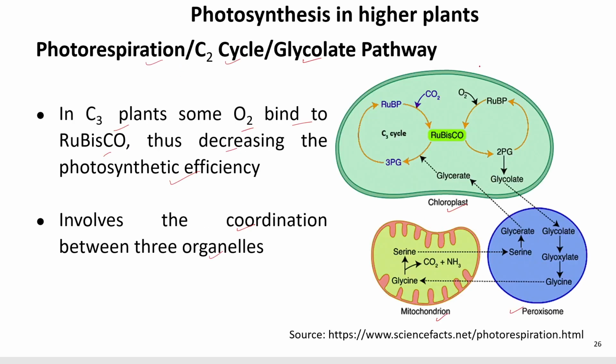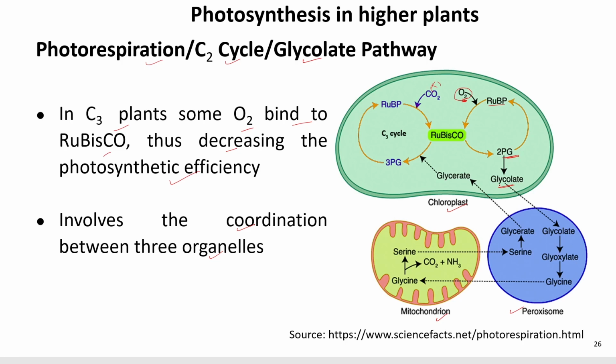So in this diagram, Rubisco shows oxygenase activity, meaning now RuBP will bind to oxygen instead of carbon dioxide. And what will happen? 2-phosphoglycolate is produced, which is converted into glycolate.